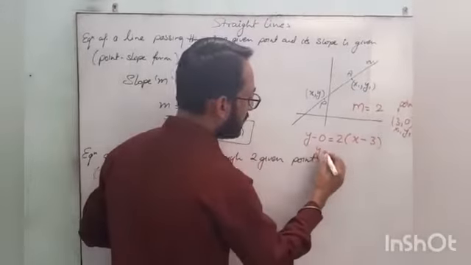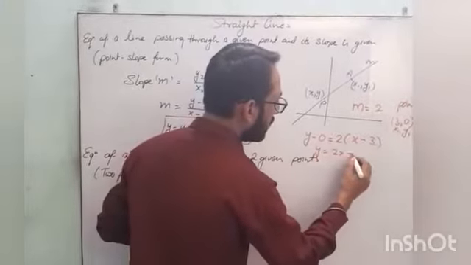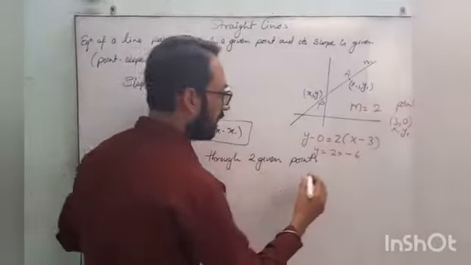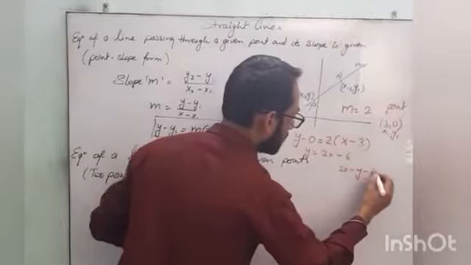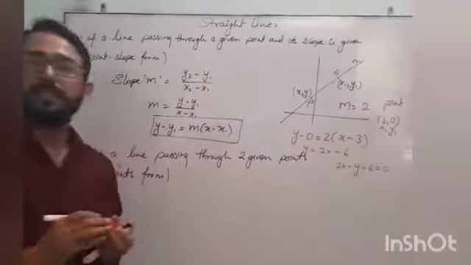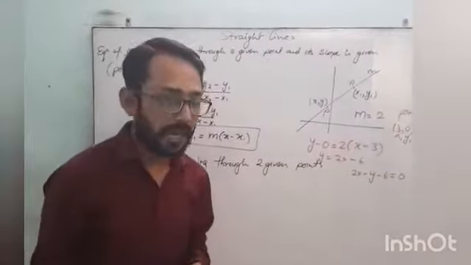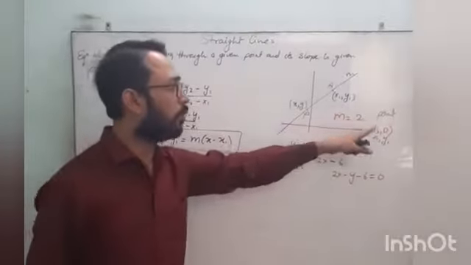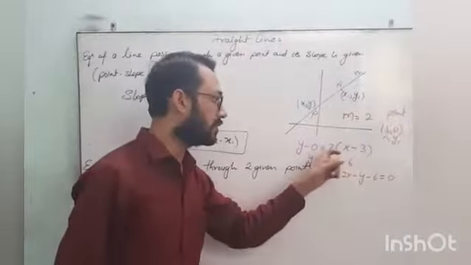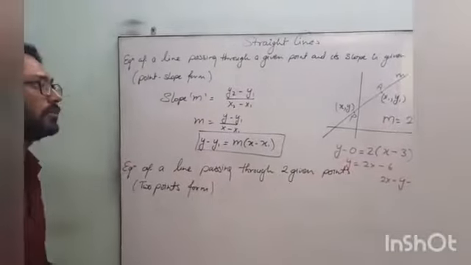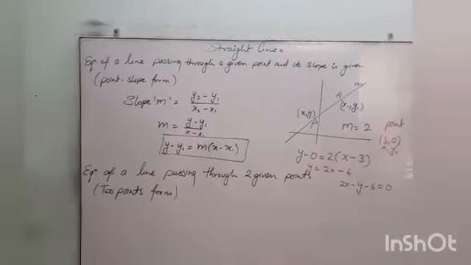So it will be y equals 2x minus 6, or I could write 2x minus y minus 6 equals 0. This is the equation of a line passing through the given point 3, 0, and its slope m is given to us, that is 2. So in this way we can calculate the equation of a line passing through a point.